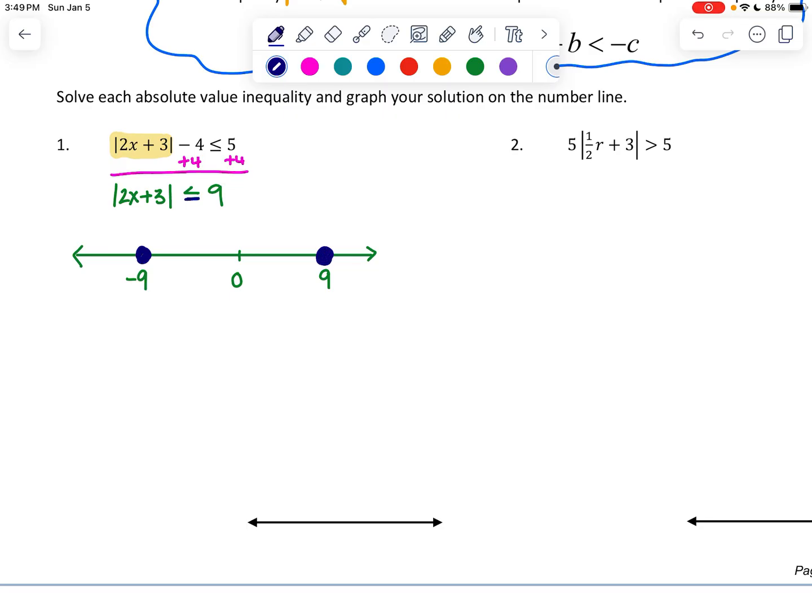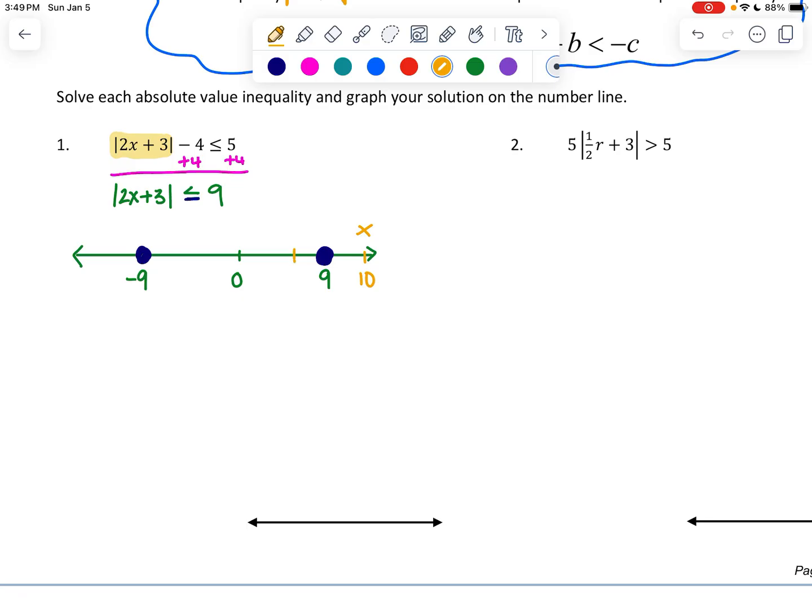Now, where are the spots on my number line that are less than 9 spaces away? If I come out here to 10, 10 is more than 9 spaces away, so that's not where I want to go.